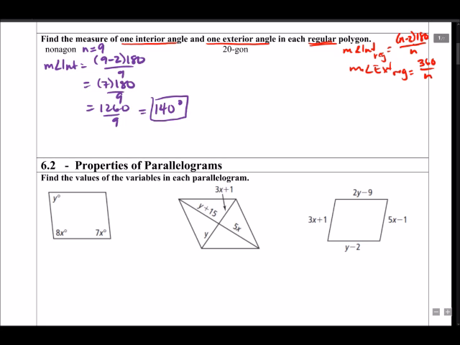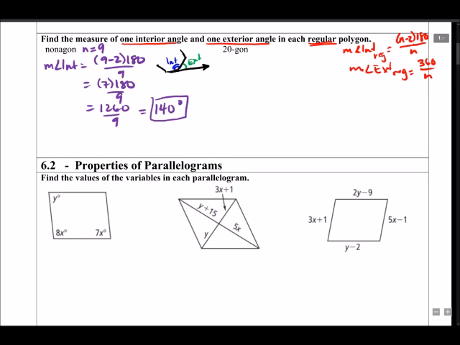Now, what do we know about interior and exterior angles? Let's say we've got just a figure here, some random figure, and then that is going to make our angles. So we have an exterior angle and an interior angle. What do we know about those two? We know that they're linear pairs. So there's a couple of ways that we could go about this.